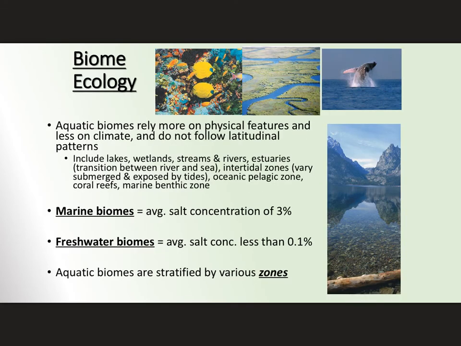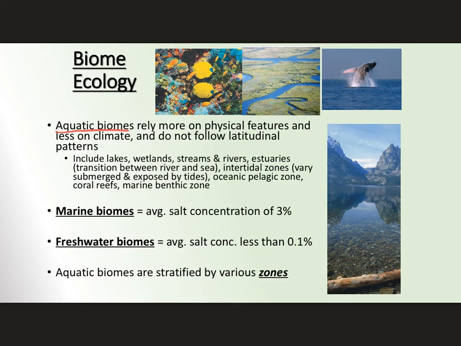Last thing then are the aquatic biomes. Aquatic biomes are described much more on just their physical appearance or their physical features, and less on the climate, because the climate can range quite a bit on these things.